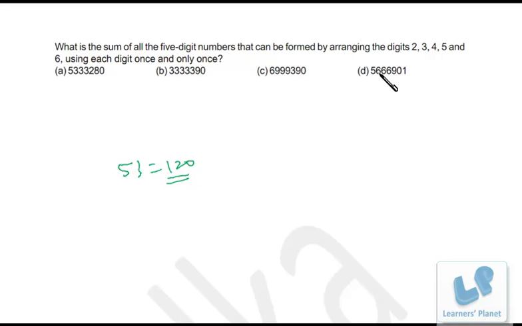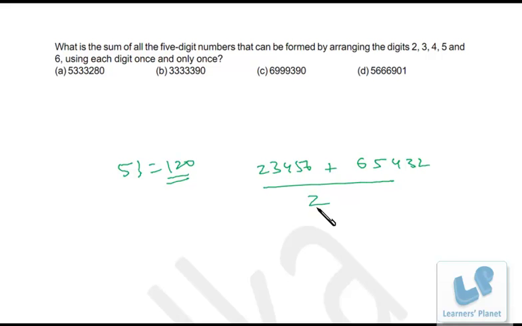Now friends, this problem can be done easily because 2, 3, 4, 5, 6, all the 5 numbers are in AP, right? So what we can do, we can calculate the average value of the number. The smallest number that will be formed using these digits is 23456. The biggest number will be 65432, right?